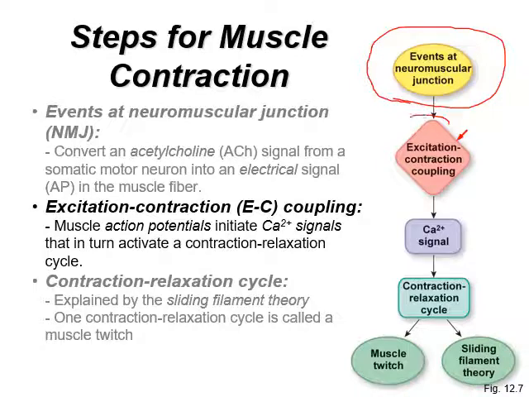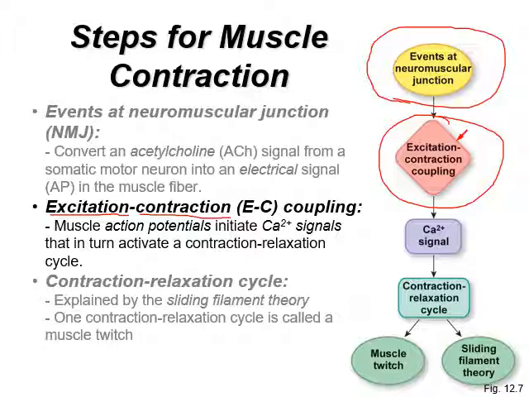So that brings us to the events that take place at the excitation contraction coupling, EC coupling. So the excitation, that's the action potential, and the action potential is going to lead to events that ultimately lead to the muscle contracting. So we're coupling those two events together, the action potential along with what's going to take place to cause the contraction.